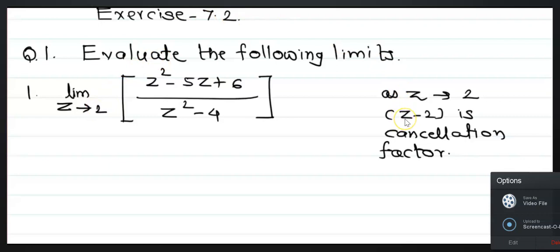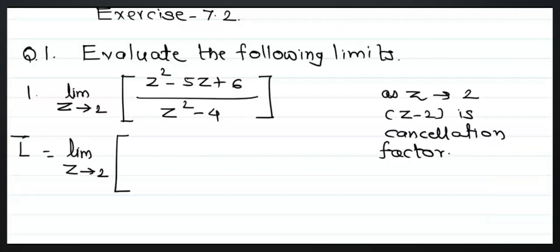The cancellation factor is z plus 2, because z minus in bracket minus 2, the minus will become plus. But here z tends to 2, therefore the cancellation factor is z minus 2. You do not need to write this in the exam, but to explain to you, I have written it here.